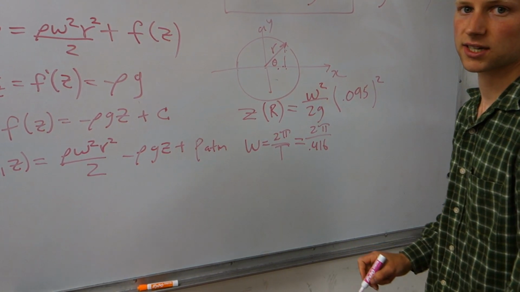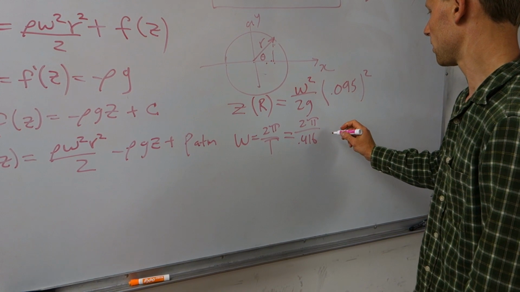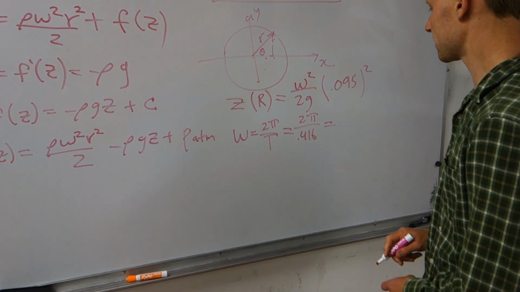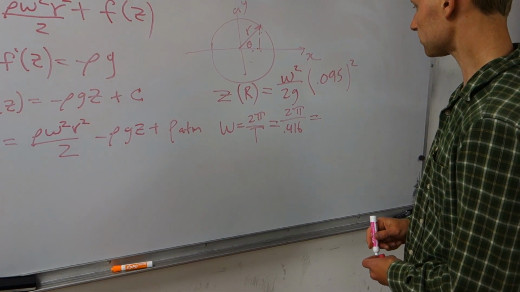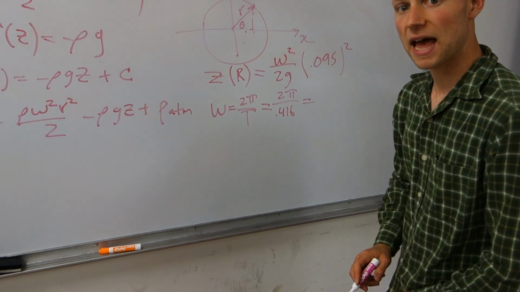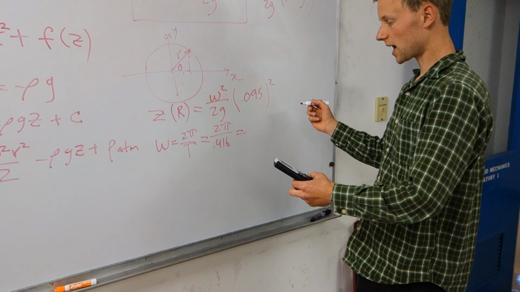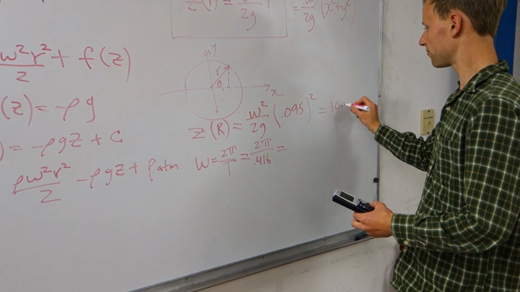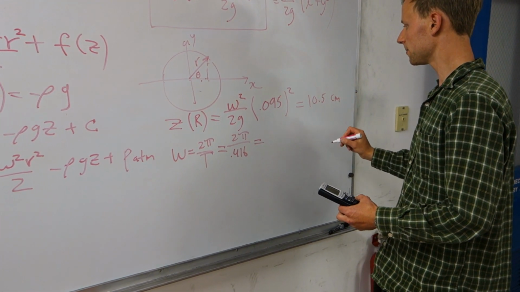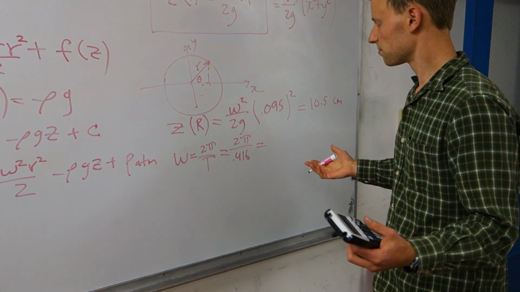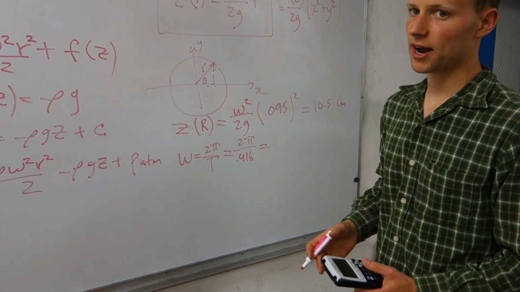We said there was a 416 millisecond period, which I can do on my calculator. So let's do that really fast and then we'll tell you what we get. Okay, so we've done it on the calculator and we get a 10.5 centimeter height, which compares pretty well to our measured 11 centimeter height.